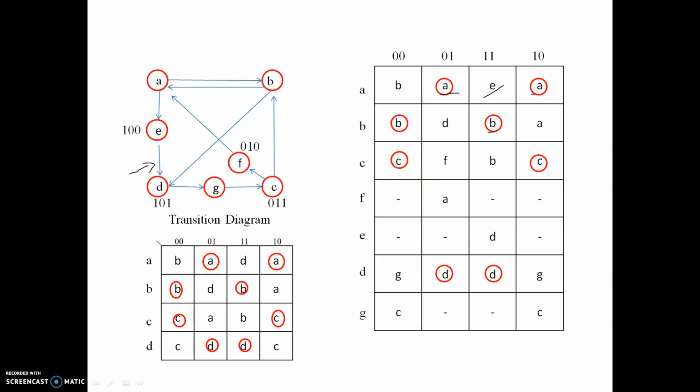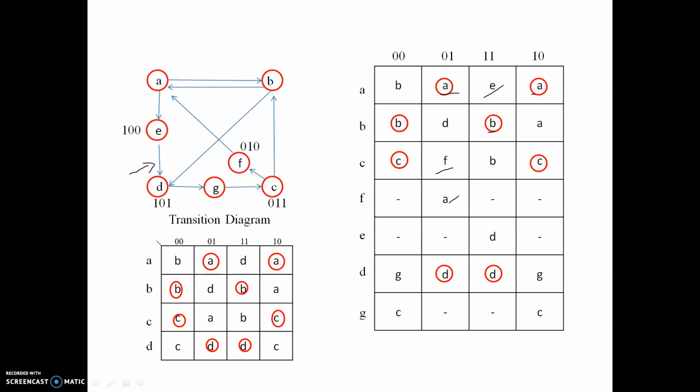From C to A, it must go through an intermediate state, which is known as F. First C has to go to F and then to A. This is known as an intermediate state, which is represented in the new flow table.